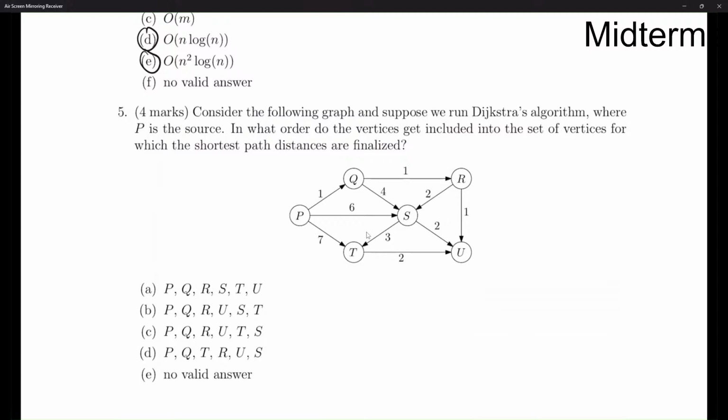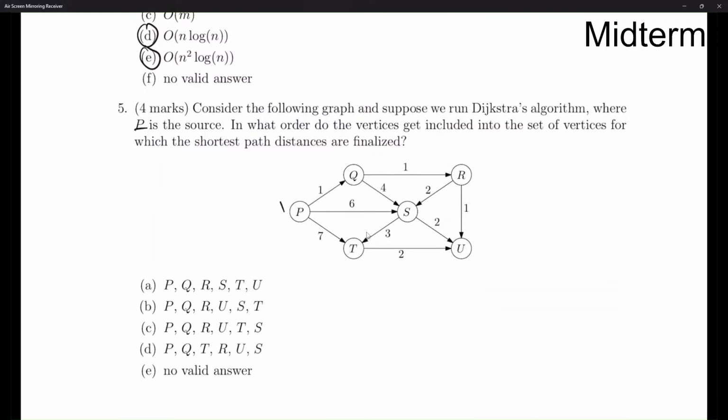Okay, the way Dijkstra's works, oh yeah, it's a single source algorithm. So P is a source. You start from P, so 1, and then you take the smallest one, which is 1, so it's the Q. Take the next smallest one.